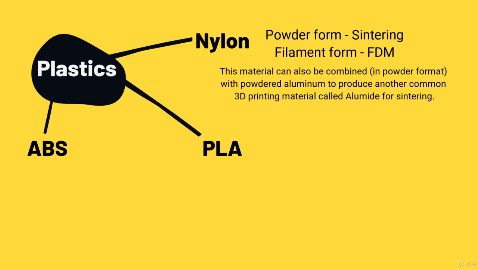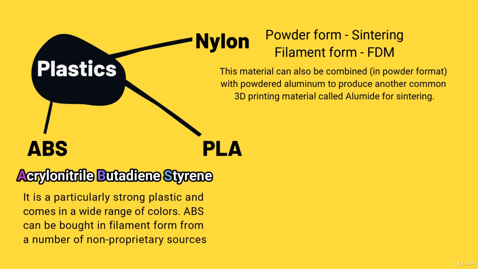This material can also be combined with powdered aluminum to produce yet another common 3D printing material called alumide for sintering purpose. ABS is another common plastic used for 3D printing and is widely used as an entry-level FDM 3D printer filament.